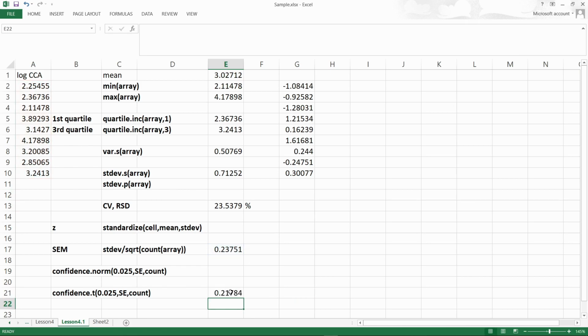So this will be your confidence interval at 95%. You have to calculate mean plus 95% CI and also mean minus 95% CI. So this will give you the boundaries where the true value will fall within 95% of the time.